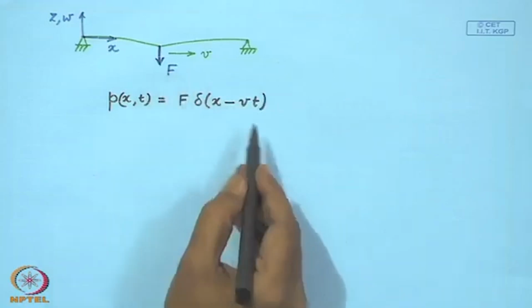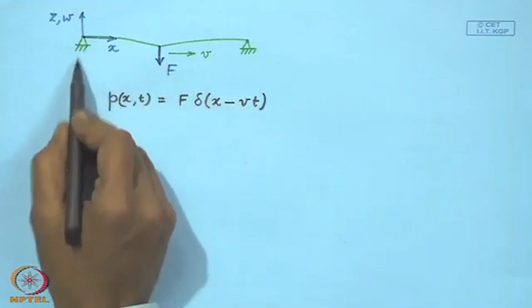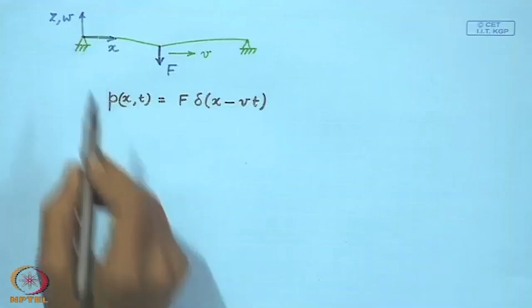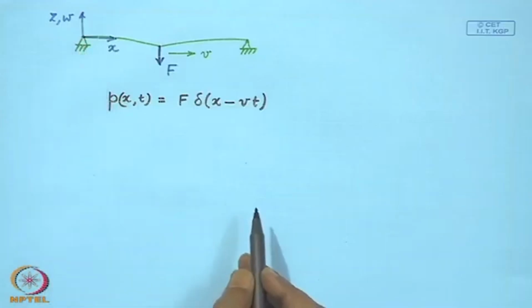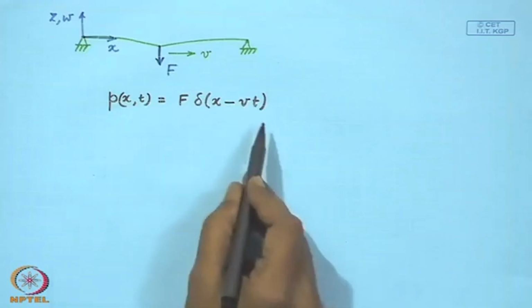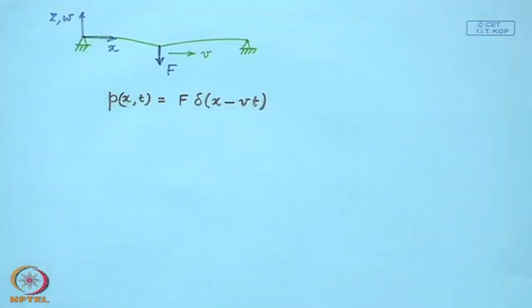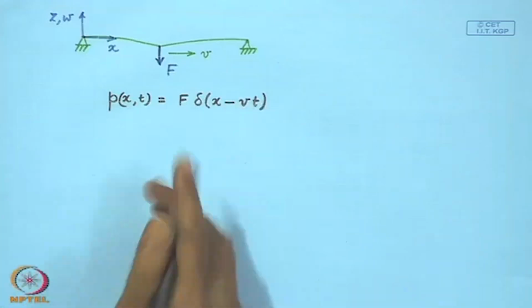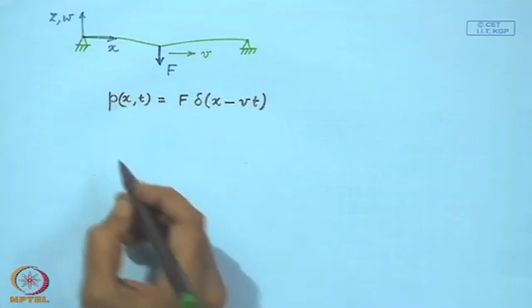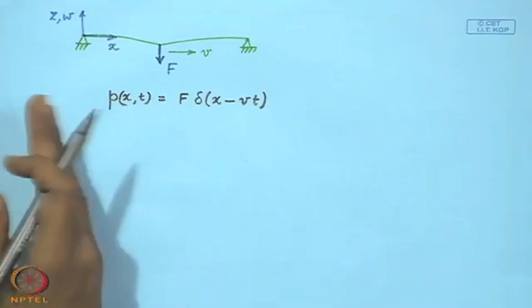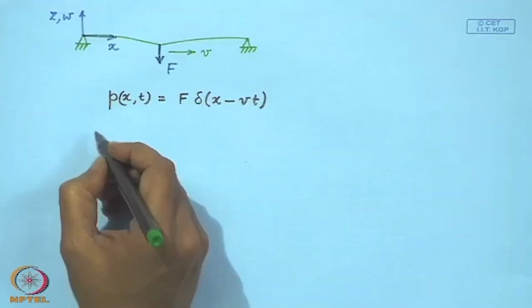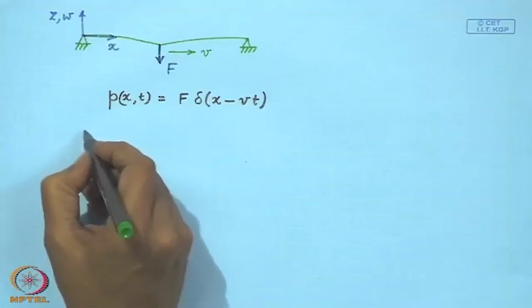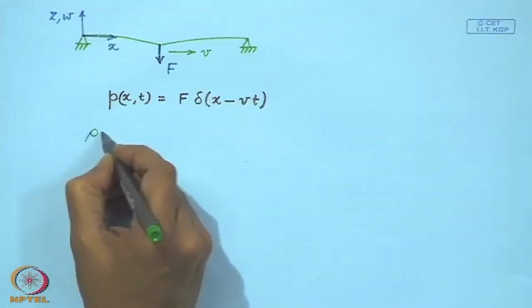So, I am assuming that at time t equal to 0 this force was at the origin, that means at x equal to 0. So, this is a representation of the force distribution on the string because of a cable car moving on the string.